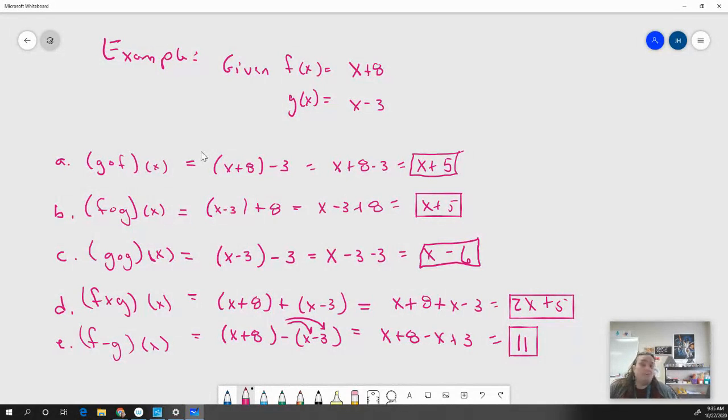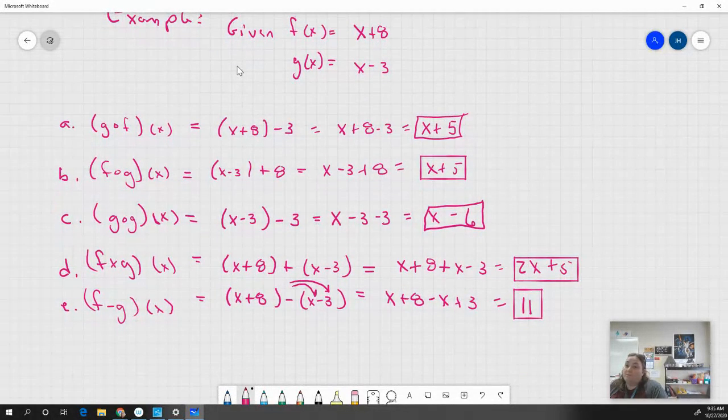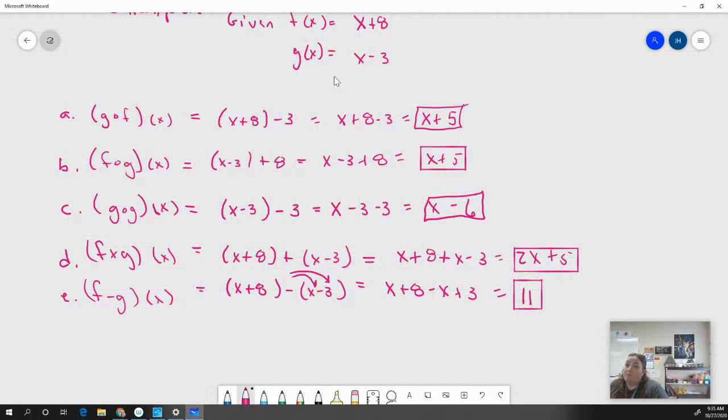So those are just some samples of combinations, and I wanted to refresh you on adding and subtracting. Multiplying would work the same way, but you'd have to distribute it out, right? If I wanted to do multiplication of that, I would take x plus 8 and multiply it times x minus 3, that was fg of x, and I would have to distribute, right?